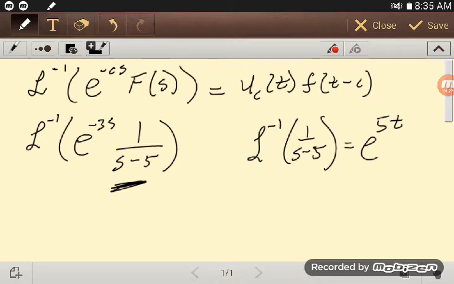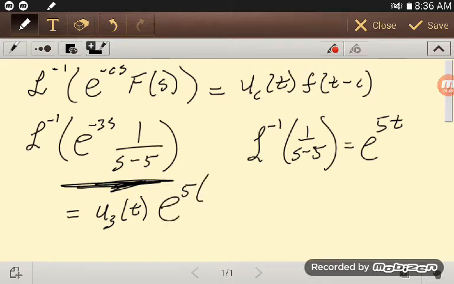Okay, so we've got that Laplace inverse. And so what that means is if I want the Laplace inverse of this whole thing, then that is equal to the uc, so that's u3 of t, and we'll explain what we're saying there in a minute. And then we have this f of t minus c, so we have e to the 5 times t minus 3.